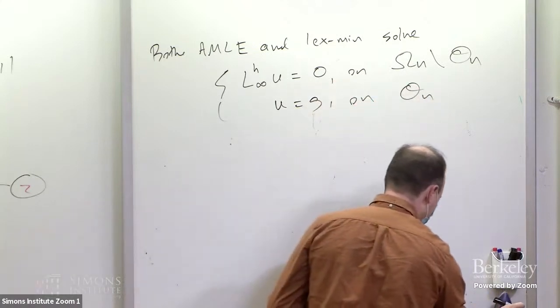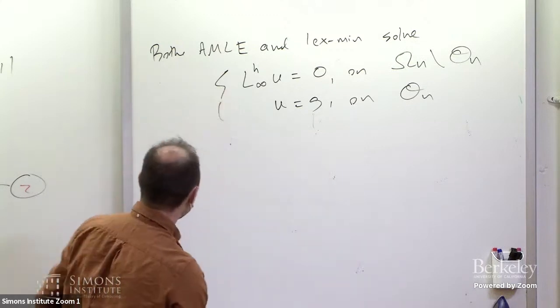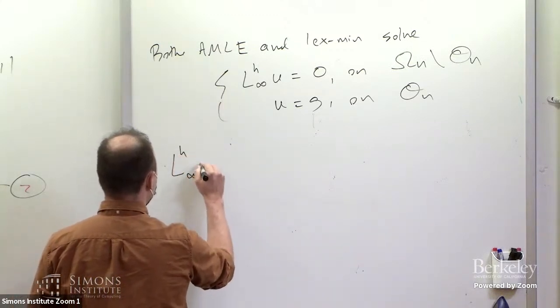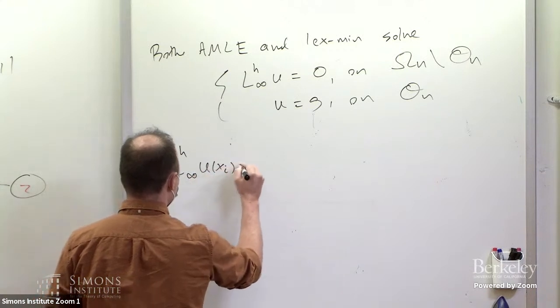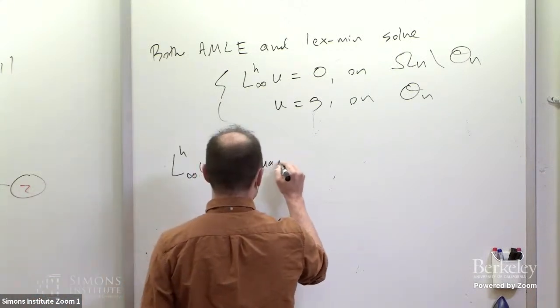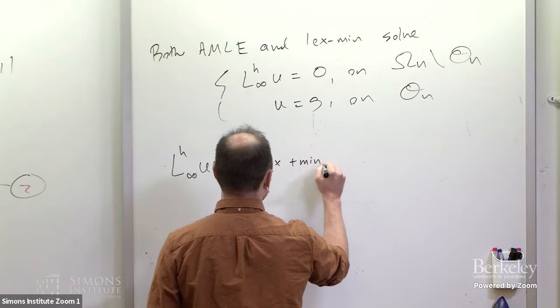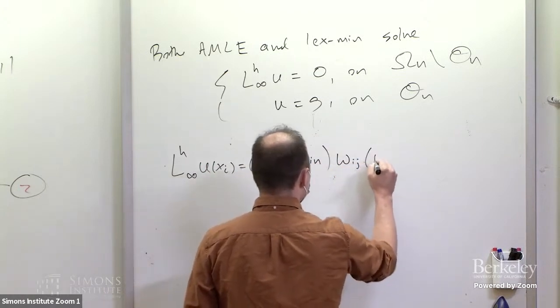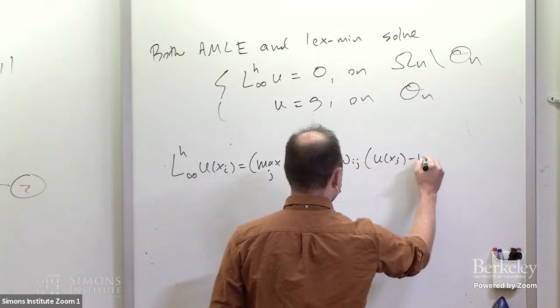Okay. Where this L^H_infinity is the infinity graph Laplacian, which is max plus min over j of w_ij (u(x_j) minus u(x_i)).